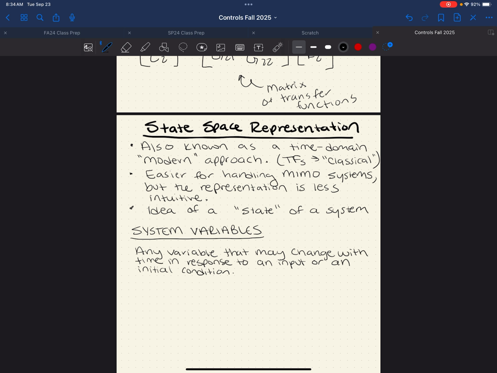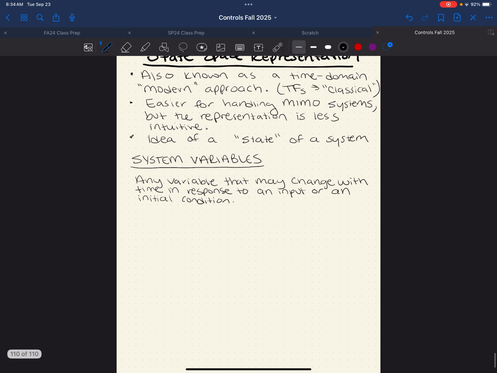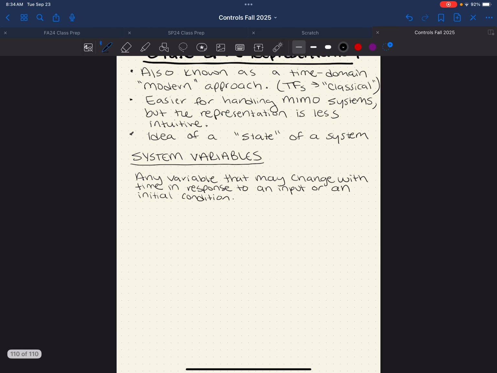Okay, so if we think about a mass spring damper system, if we take it and pull it away from its resting location, so we give it some non-zero initial condition and we let it go, what are the things that can change with time? Well, obviously the position is going to change with time because it's going to oscillate back and forth. It's going to have some velocity that's changing in time, some acceleration, some jerks, some snap, crackle, pop. You could go on and on. So there are lots of variables that describe the motion of this system that change in time.